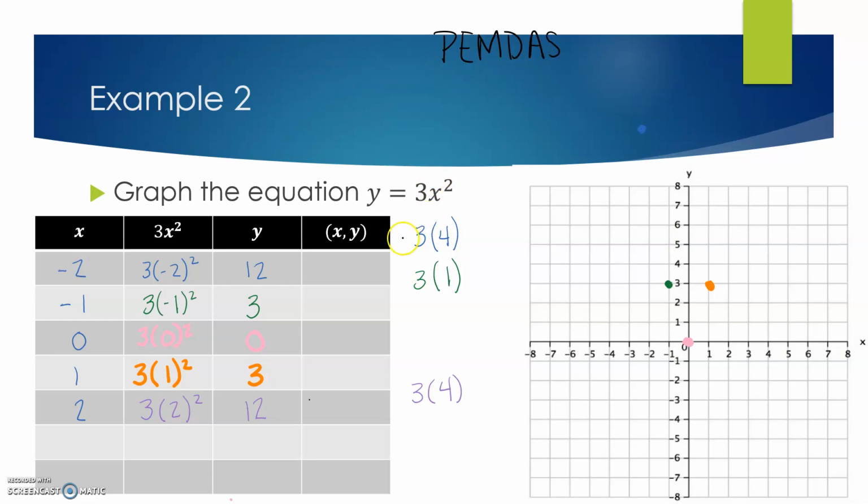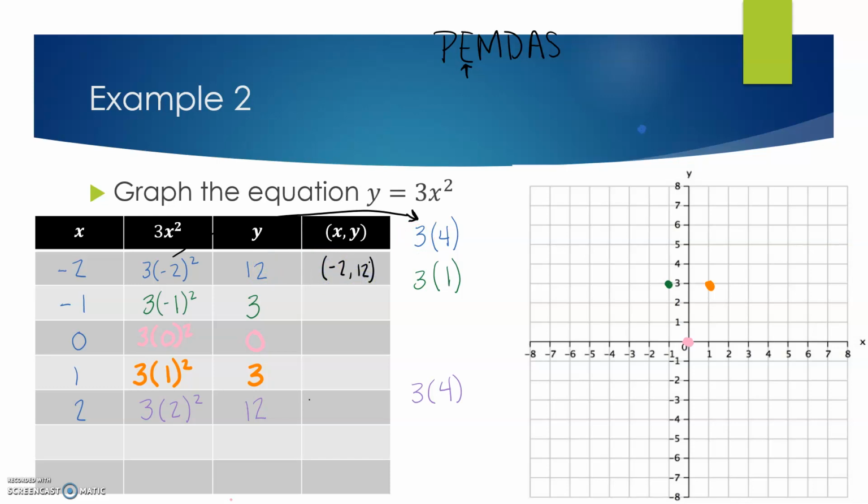Well, we don't have anything to simplify in parentheses, but when I substitute in negative 2, a lot of people will do 3 times negative 2 is negative 6, and then they square that and get 36. But because of order of operations, we have to do the exponents first. So you can see here what I did was I squared negative 2 first and then multiplied it by 3. So when I did that, I got 12. And so I graphed the point negative 2, 12.